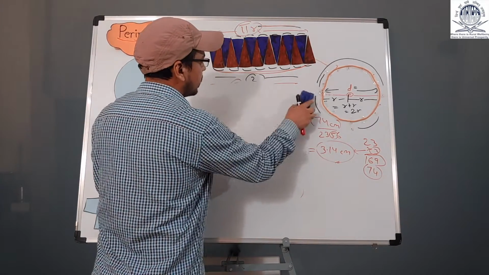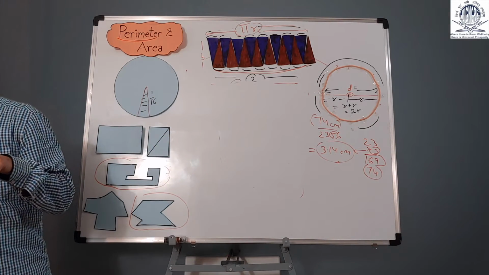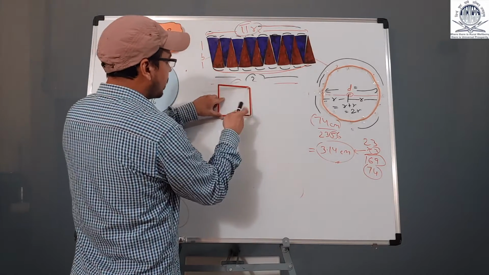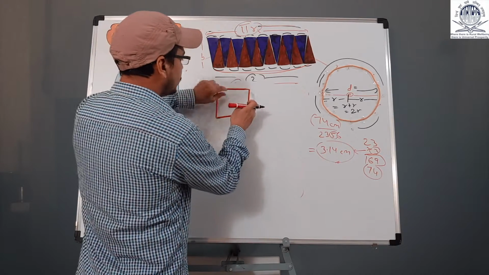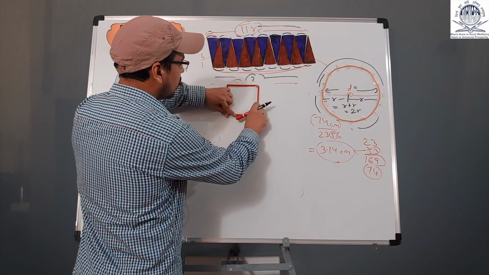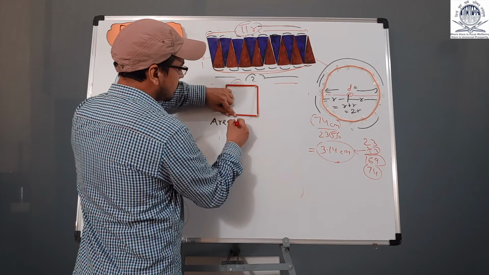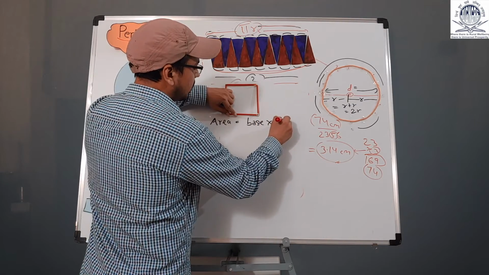For finding area, let's take the example of the rectangle which we have over here, or a square will also work. I'm taking a square this time, and asking what the area of the square should be. So I should know the base formula of area, which is base times height.